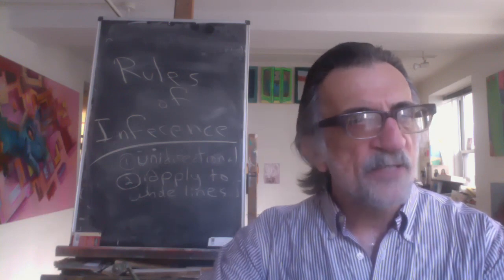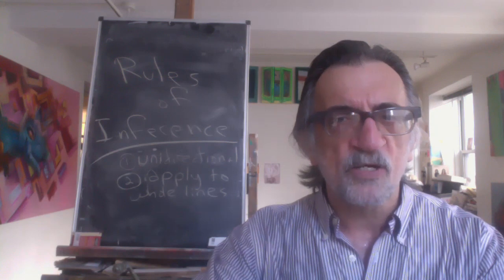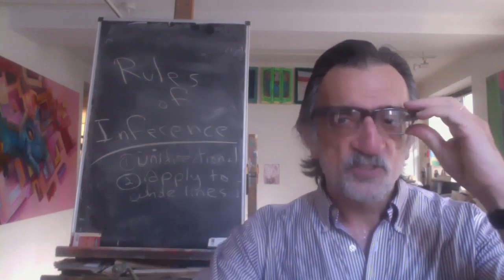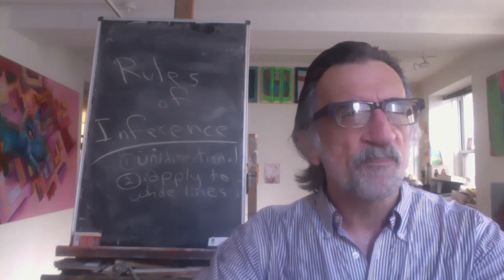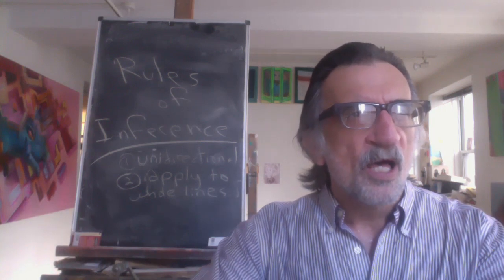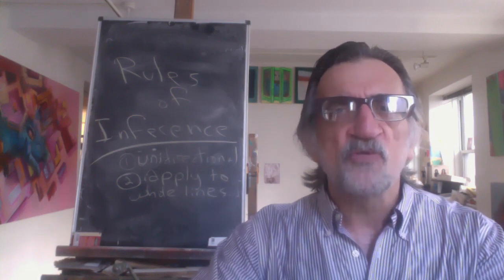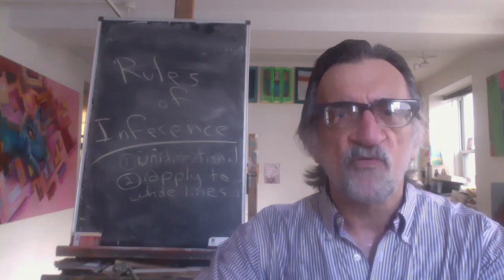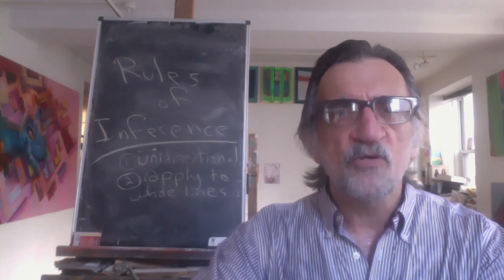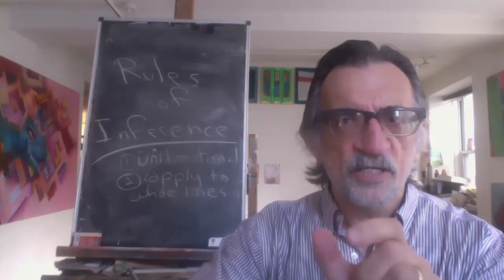Second, and the import of this second rule might not be as clear until we have studied the replacement rules in the next chapter. A rule of inference applies to a structure that takes up an entire line of a proof. You cannot use a rule of inference on some subsection of a line, right?